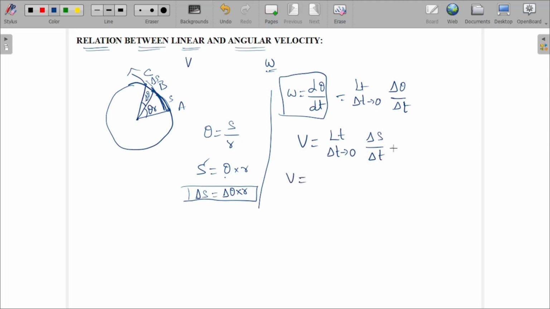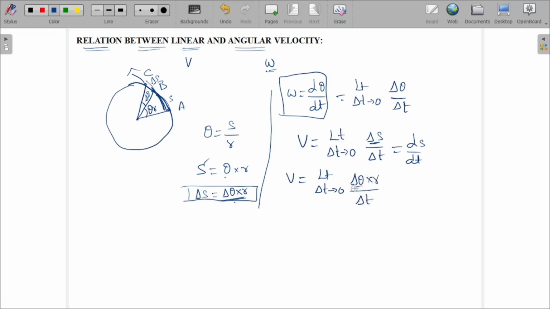This will be written simply as ds by dt, change in displacement with respect to time. Okay, so here what is delta s? Delta s is nothing but delta theta into r. So limit delta t tends to 0 delta s is nothing but delta theta into r by delta t.